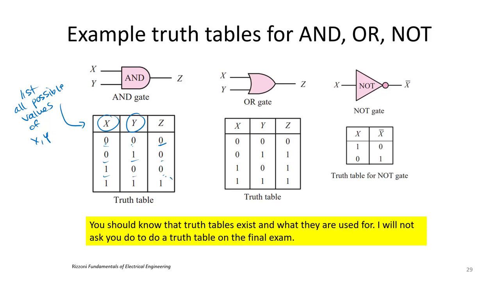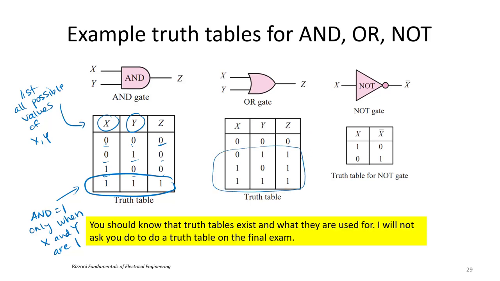And notice that the AND function only gives us 1 when x and y are 1. Similarly, OR will behave kind of in the inverse way, where as long as somebody is 1, we will get 1 as our output. If everybody is 0, then we get 0.